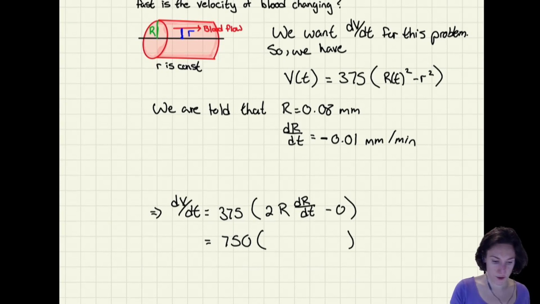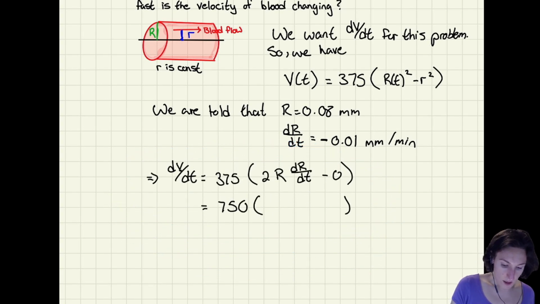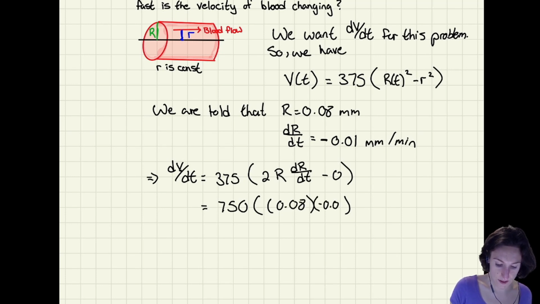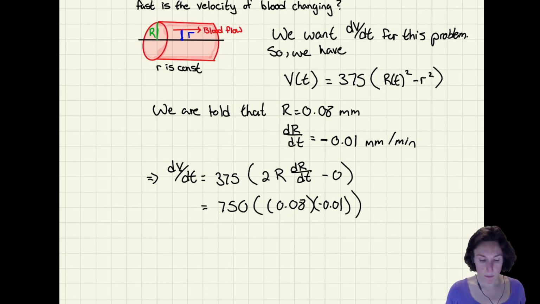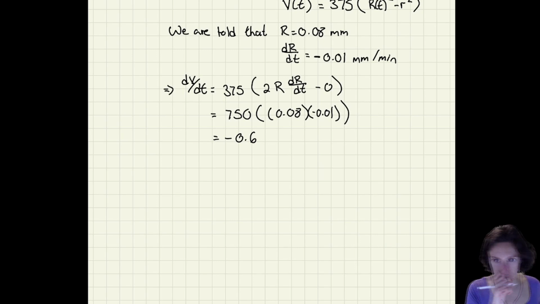So now that I know those two quantities, let me go back to my derivative. My capital R is going to be 0.08, and then this is times negative 0.01. When we multiply those together with the 750, we're going to get a negative value, 0.6. Now, in terms of units, this is a velocity. We usually think of meters per second, but in our case we're doing things in millimeters and minutes.